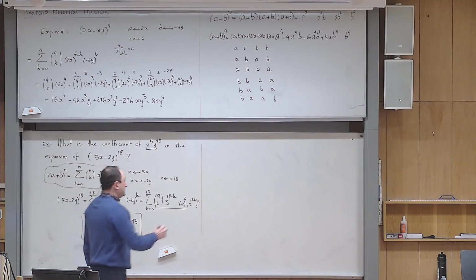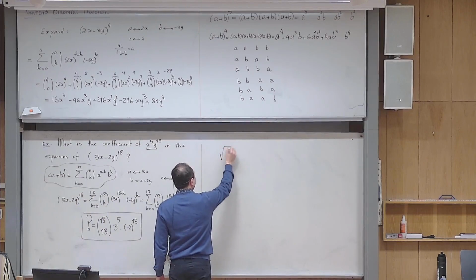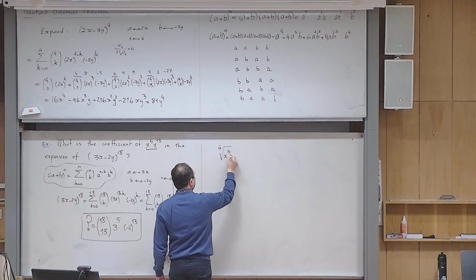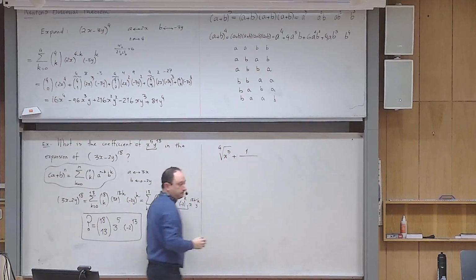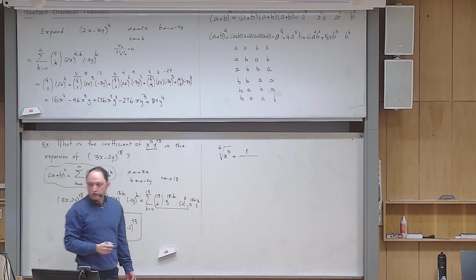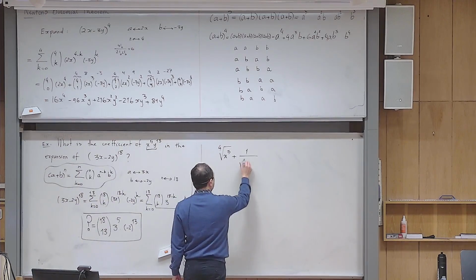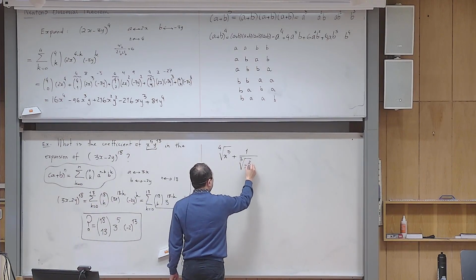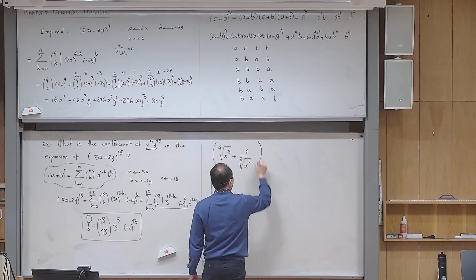Consider this expansion: the fourth root of x cubed plus 1 over the third root of x squared, to the power of 17.